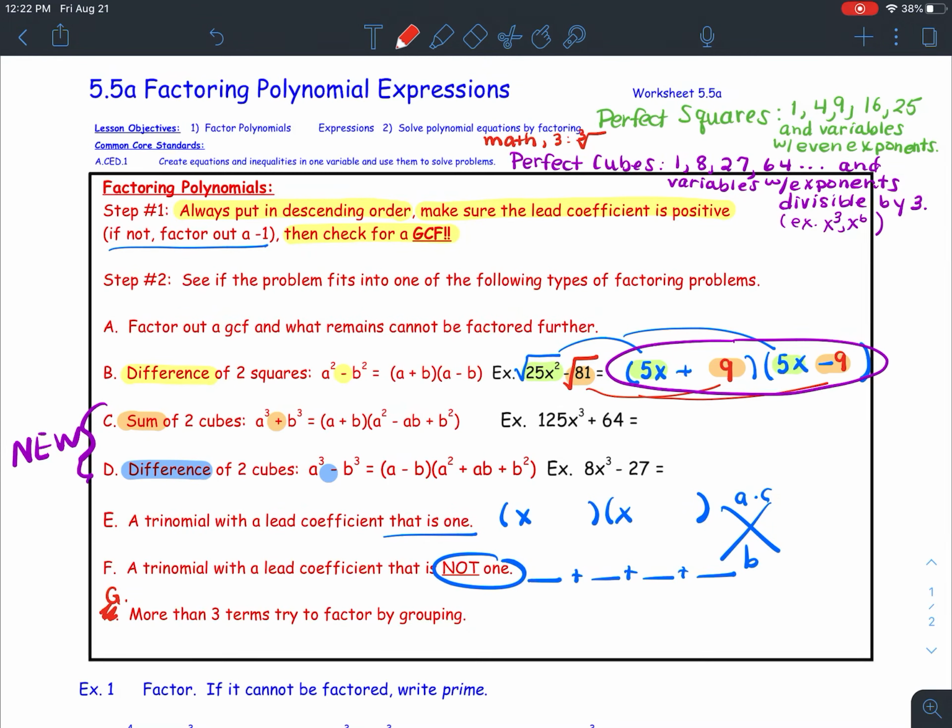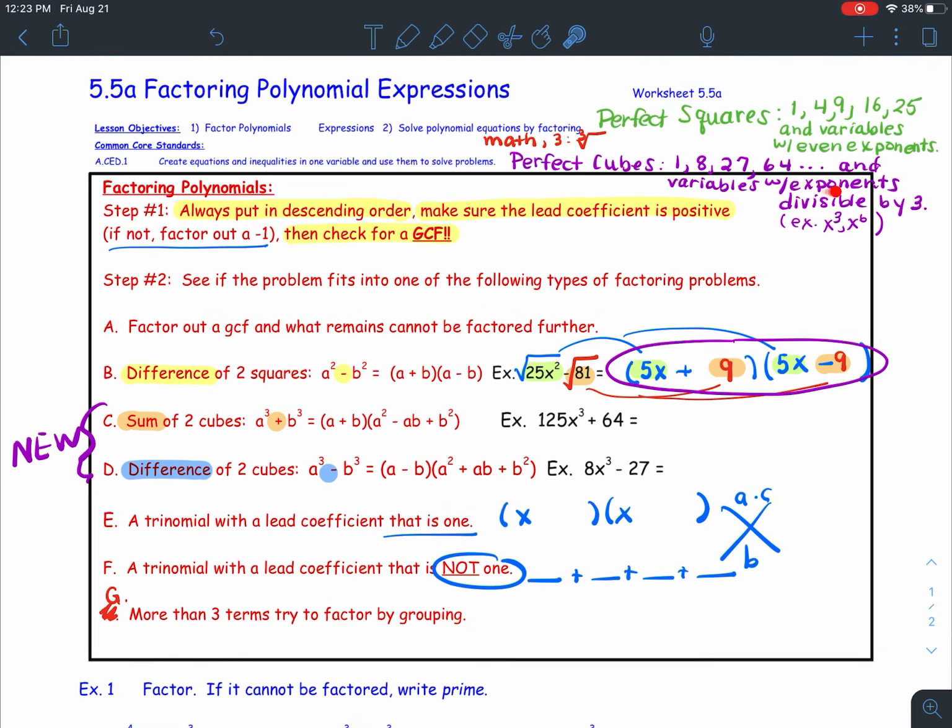If you're ever not sure if a number is a perfect cube, then just take the cubic root of it on your calculator, and the answer should come out as an integer or whole number. No decimals, no fractions. That would tell you that number is a perfect cube.